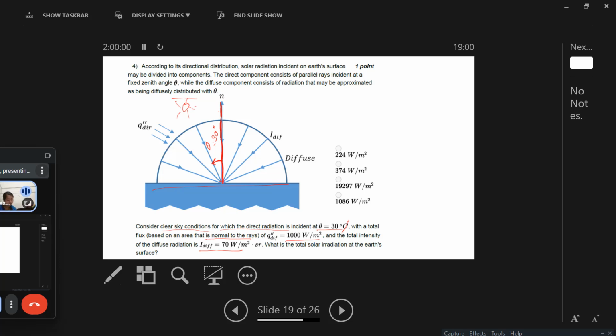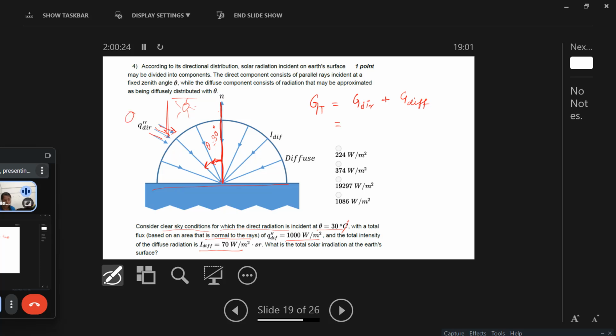So total irradiation is given by, if we see, the total is direct plus diffuse. Okay, so direct is the one which is directly falling, that is parallel, this one. So this angle is 30.